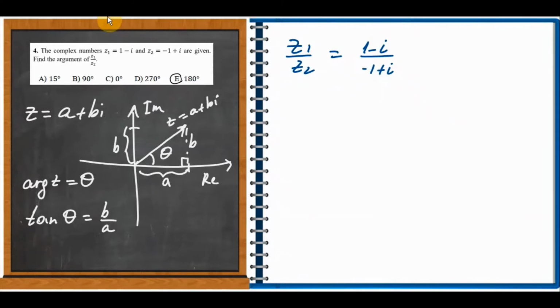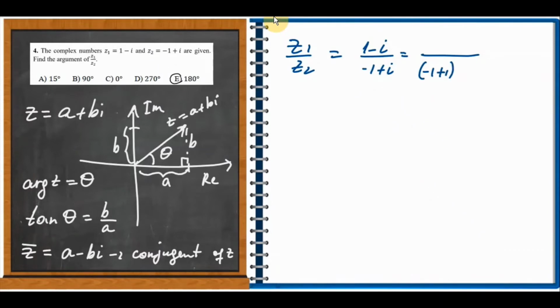The conjugate of z, which we show with a line, is a minus bi. This is the conjugate of z. So in this case, the conjugate of the denominator will be negative 1 minus i.